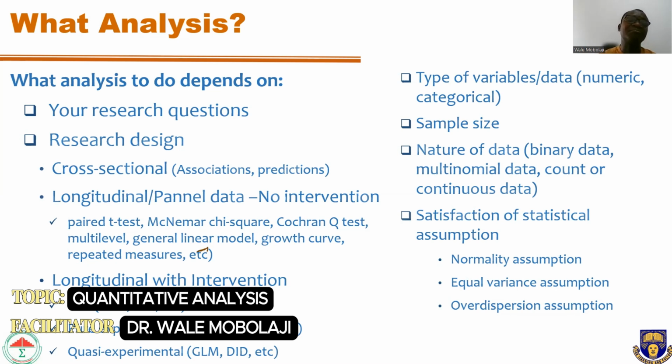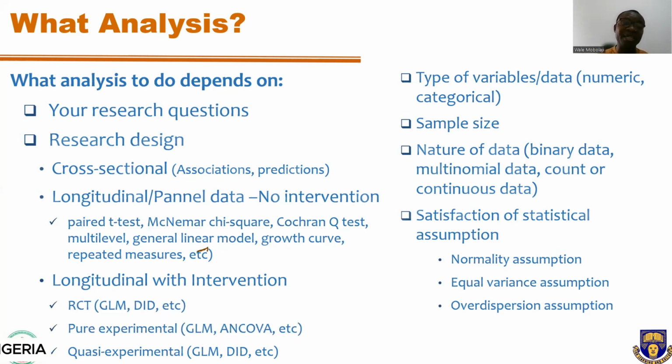Now, longitudinal data could be in two forms. Sometimes there may be no intervention. You are just monitoring what is going on in the population, and you are collecting the data at regular intervals.